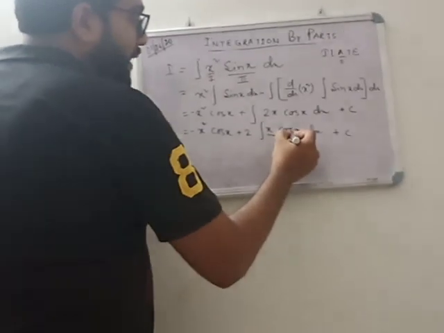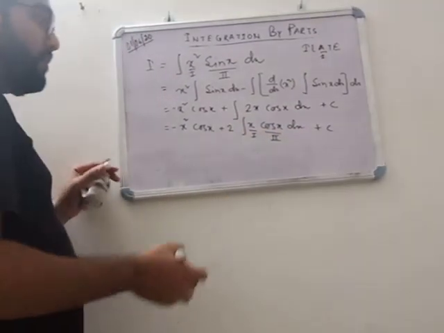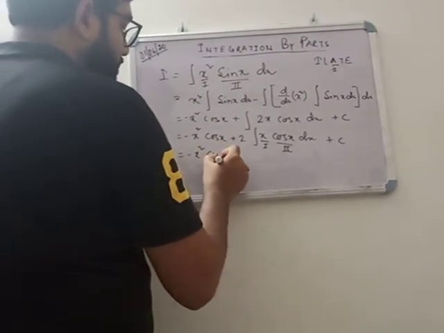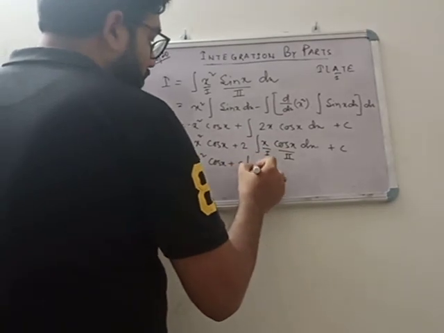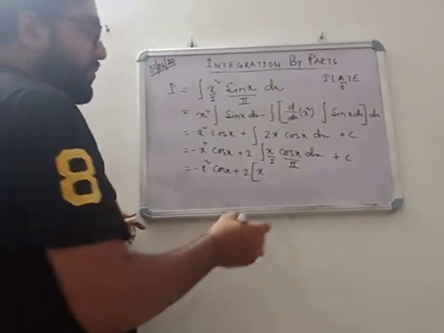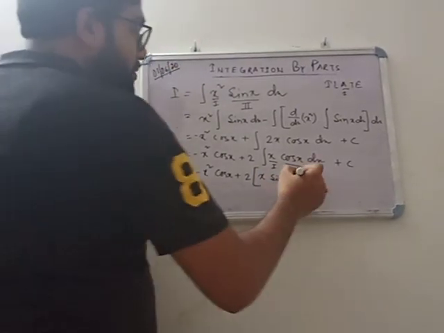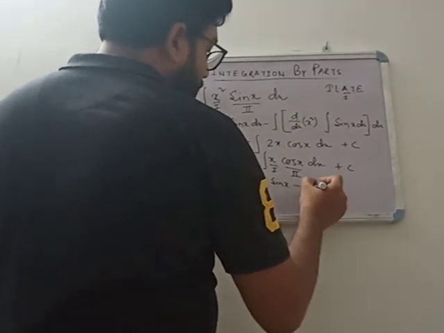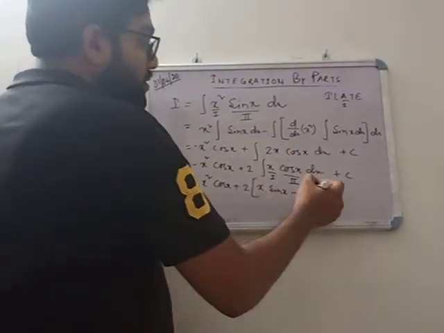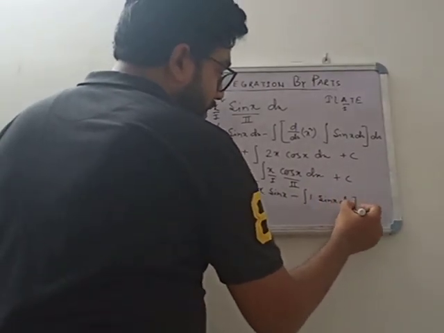You see that x is the first function and cos x is the second function. So by parts again, x² cos x plus 2 in brackets x into integration of cos x, that is sin x, minus integration of d/dx of x, this is 1, and integration of cos x, this is sin x dx plus c.